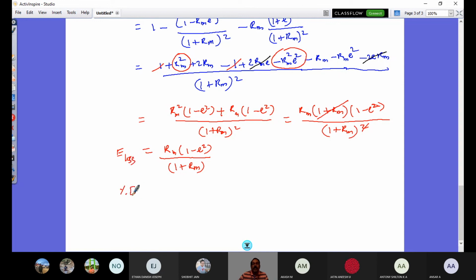So the percentage energy loss is going to be Rm into 1 minus E square by 1 plus Rm, into 100%. Let's call this expression equation number 8.